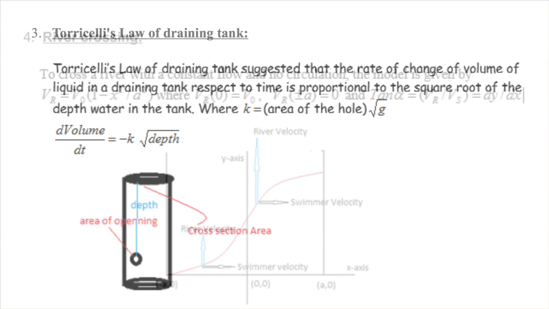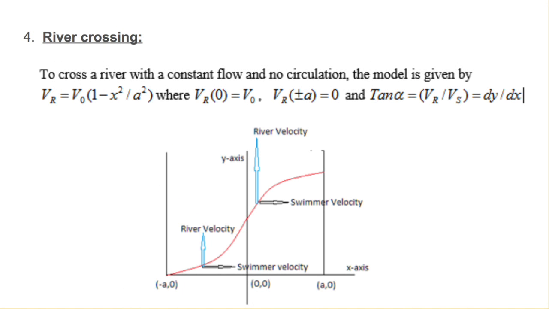till the hole opening. The fourth application is to find the position of a swimmer who tries to cross a river which has velocity. First, the model of the river's velocity is given by the velocity of the river equal to the initial velocity of the river times 1 minus x squared over a squared, where the river's velocity at plus or minus a is equal to 0, and tangent of alpha is equal to the velocity of the river over the velocity of the swimmer, which is equal to dy dx.